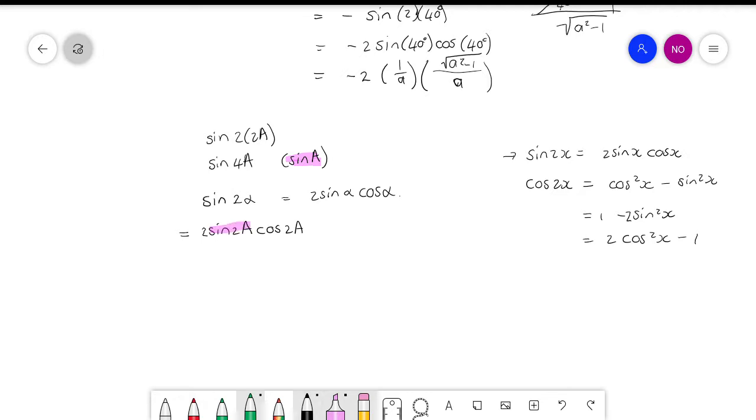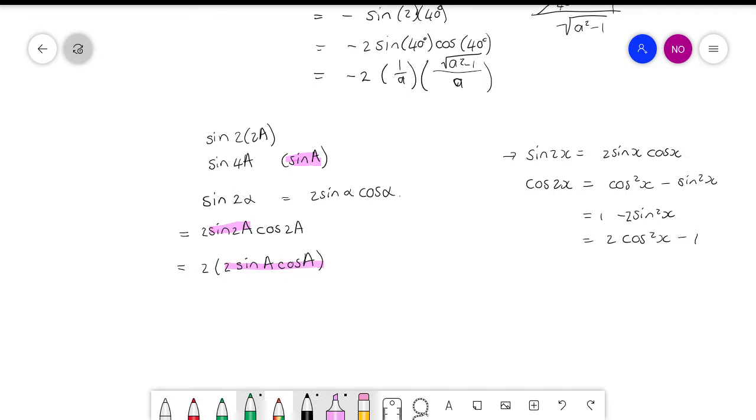This part I can write like this. Do you guys see what I did?